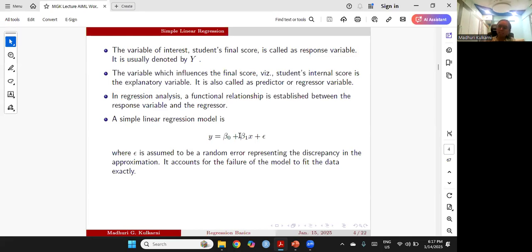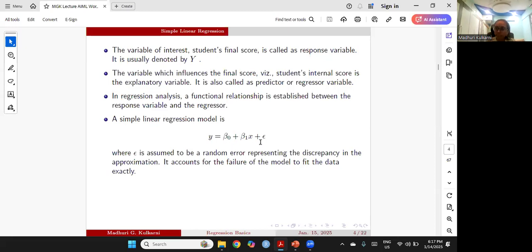So there can be so many other details. Height of the child can be taken as a quantity which influences shoe size. So in this manner, we can have so many quantities which influence the quantity of our interest. And so when just one quantity is taken into account and is used for constructing the model, such a regression model is called a simple linear regression model.